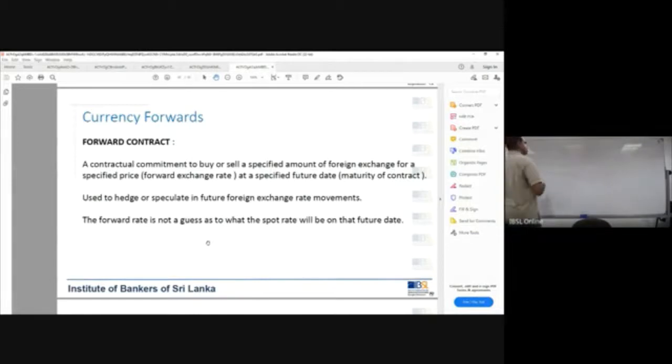Let's say right now, the exchange rate, dollar against rupee, let's assume is at 200, right? And let us also say the dollar interest rate is 1% and the rupee interest rate is 10%.